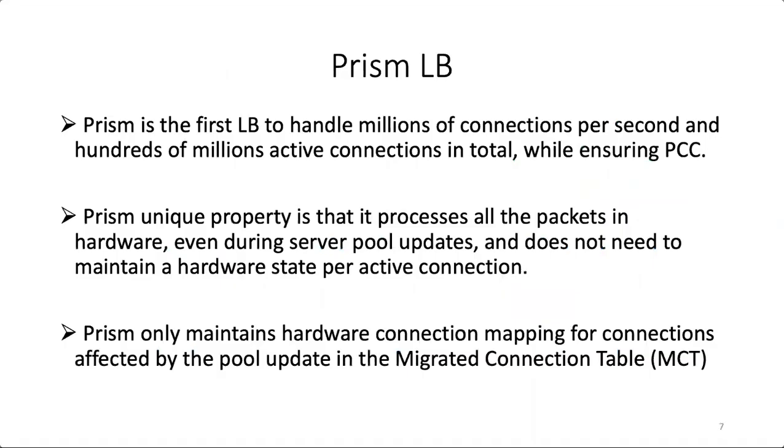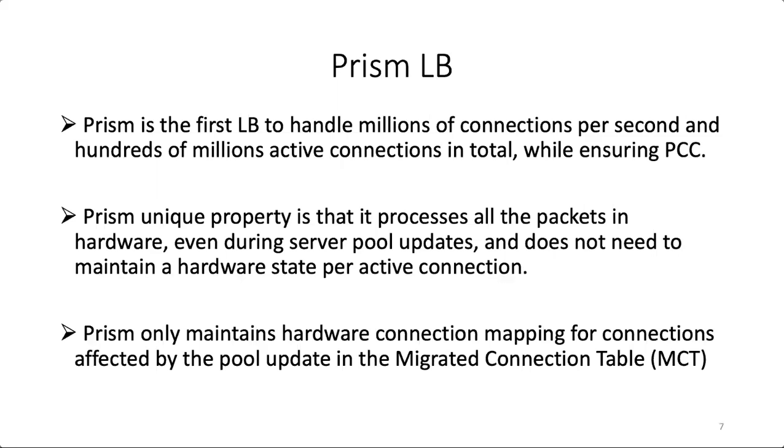In our previous work, we designed a load balancer called Prism. Prism forwards all packets by hardware, even during pool updates and while ensuring PCC all the time. The main unique property in Prism is that it only maintains hardware mapping for connections affected by the pool update, and not for all connections as done in other load balancers.